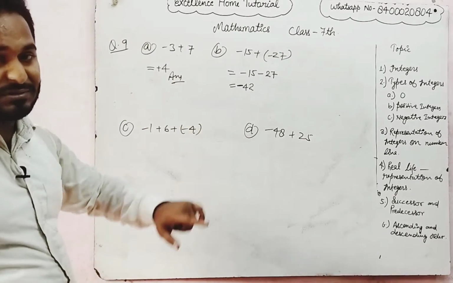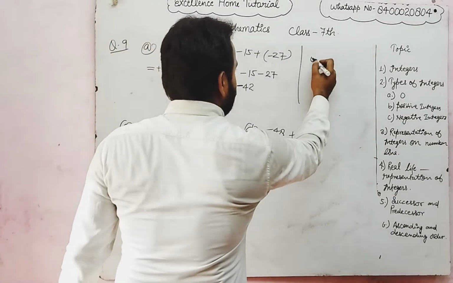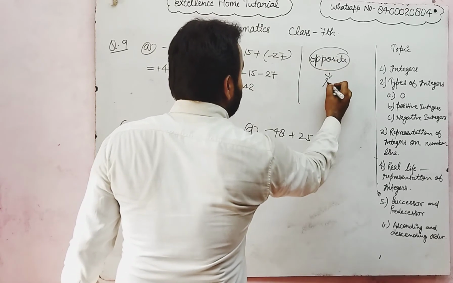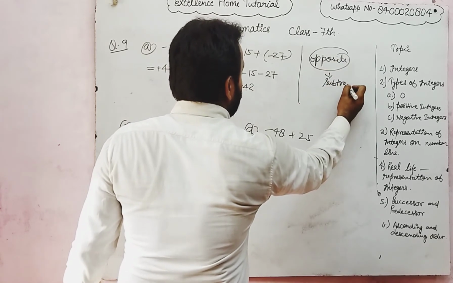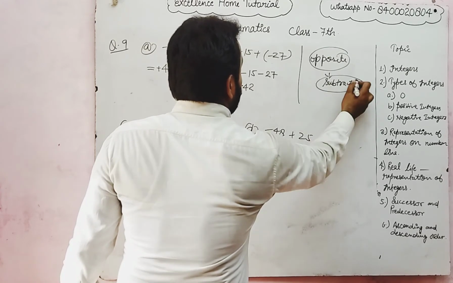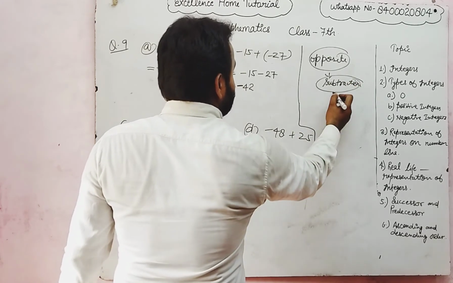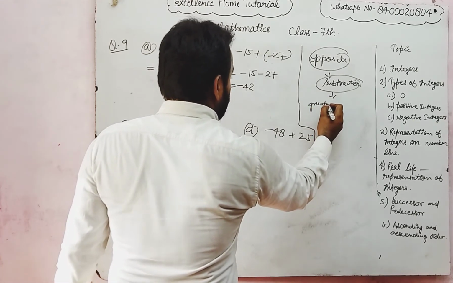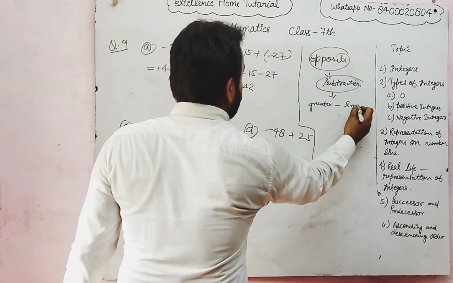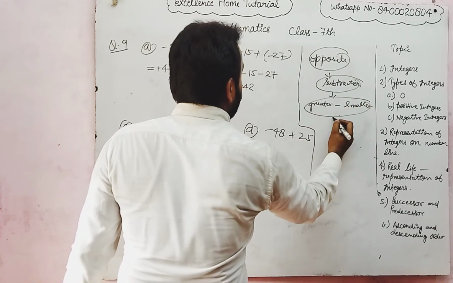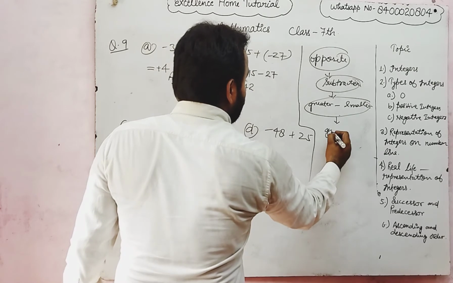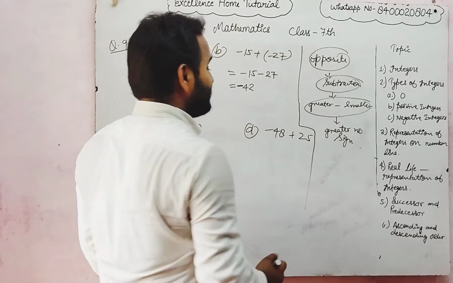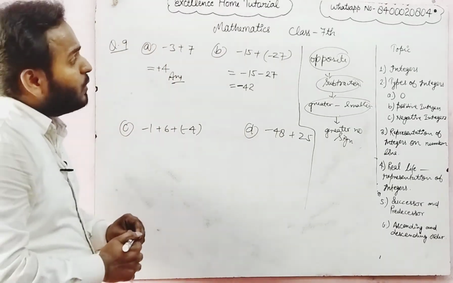In these types of questions, when opposite signs appear, then we have to apply subtraction. In this subtraction we have to subtract greater minus smaller number, and after that we have to put the greater number's sign, so this concept should be followed.